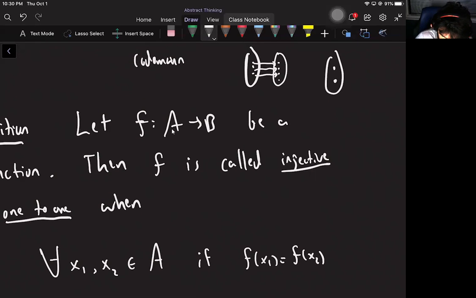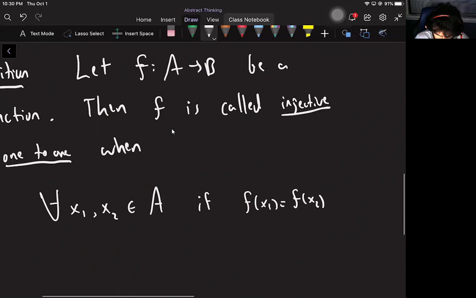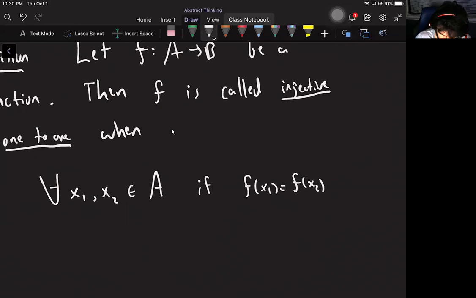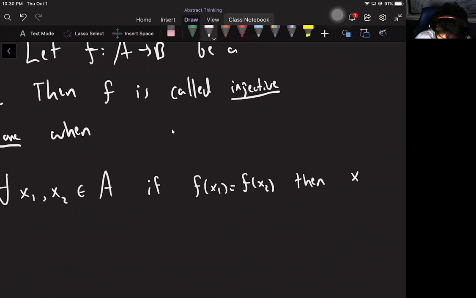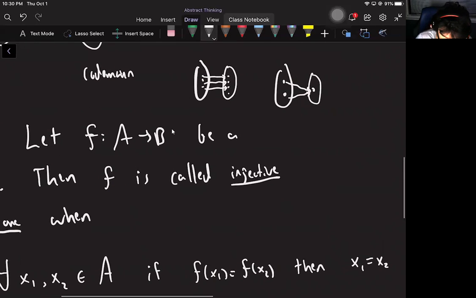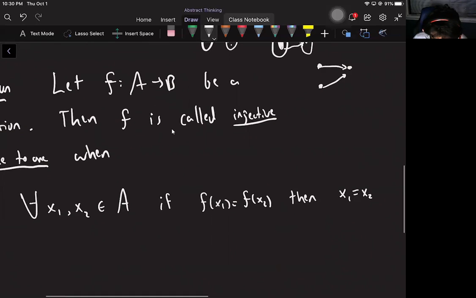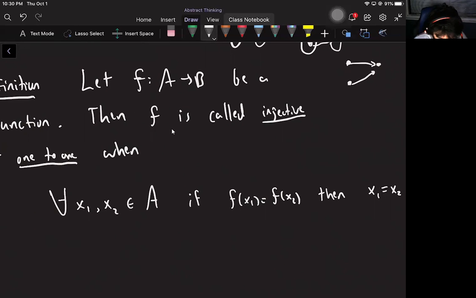We don't want two things to go to the same thing. But if that did happen, when would that be okay? If it turned out, sneakily, that those first inputs were actually the same the whole time, then that's fine. If these two guys were actually at the same point, then you're just saying that one thing goes to one thing, instead of saying that two different things go to one thing. So it's a very strange definition, but this is what it means to be injective.